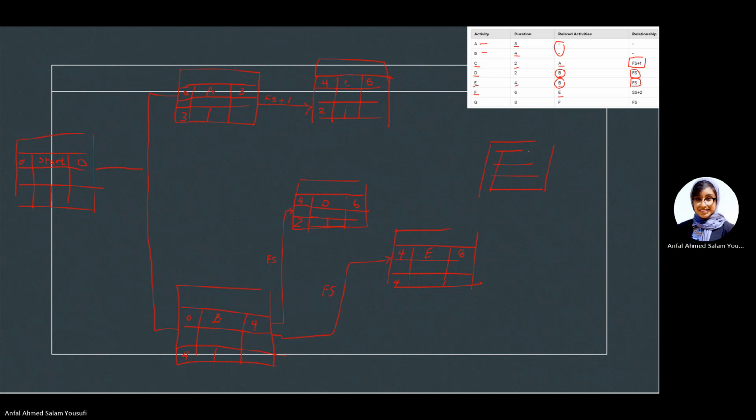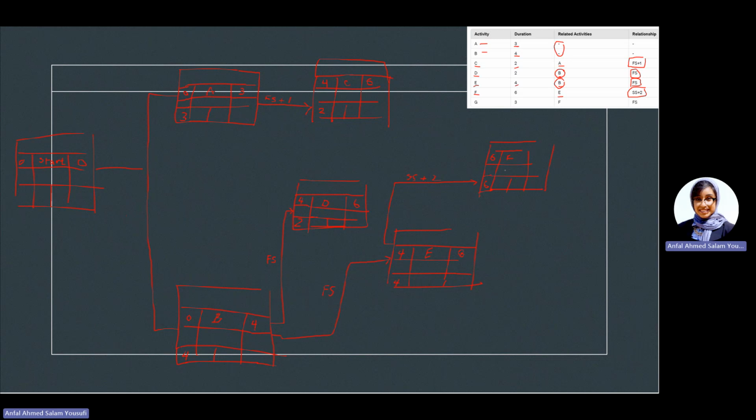The duration for F is 6 days, and the relation is start plus 2, meaning you start E and then you start F, however, you start F 2 days after the start of E. If I start E in day number 4, the earliest I can start F would be 4 plus 2, that is 6.